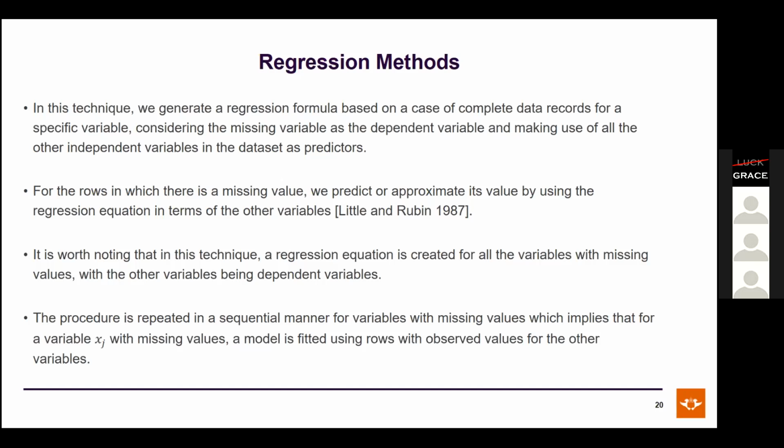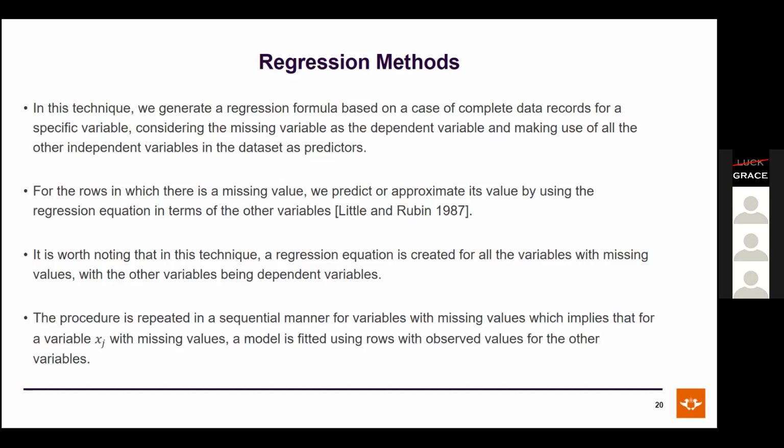In the regression technique, an equation is created for each variable with missing values, with the other variables being independent variables. So your variable with the missing information becomes your dependent variable, while those that are available become your independent variables in the regression equation.